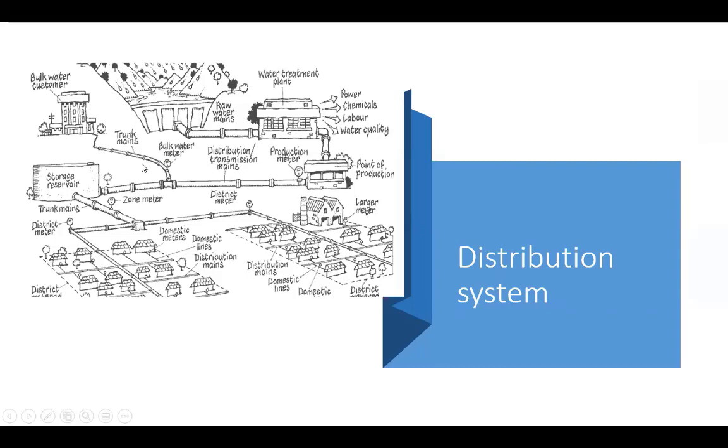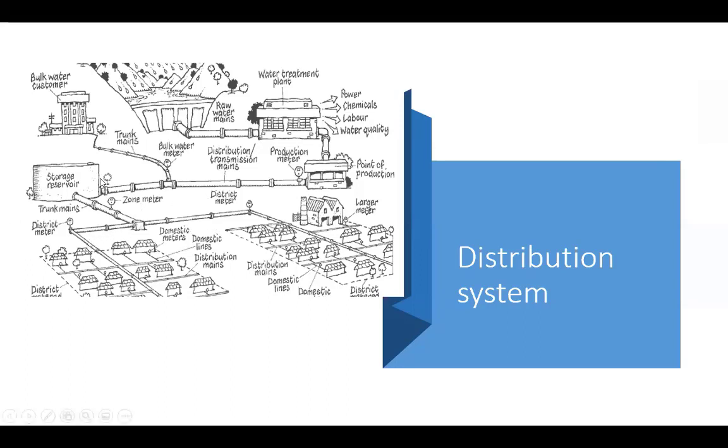In the case of the Lansing Board of Water and Light, they have a water treatment plant, they have water storage, they have a distribution main, and for the townships that purchase water from the Lansing Board of Water and Light, that water would flow through a trunk main to that community.